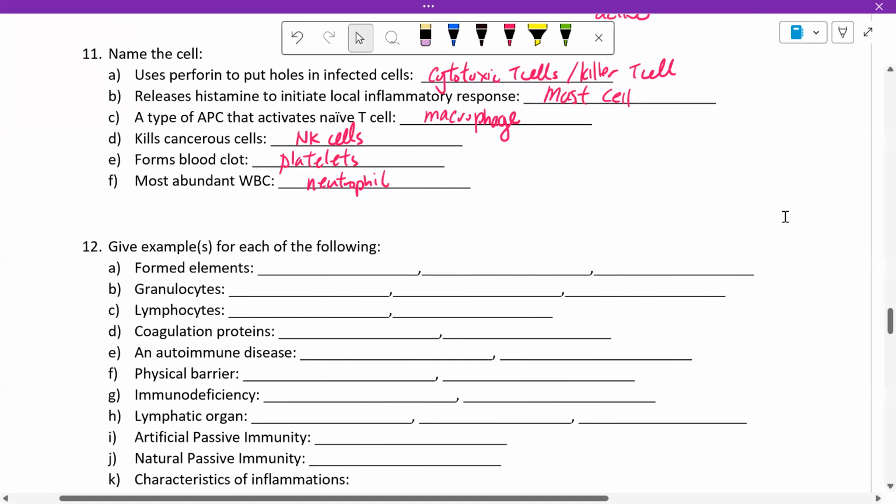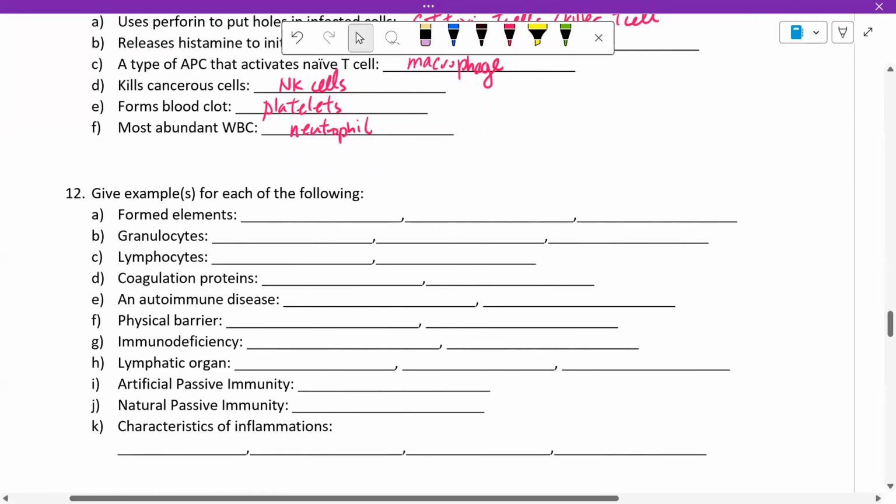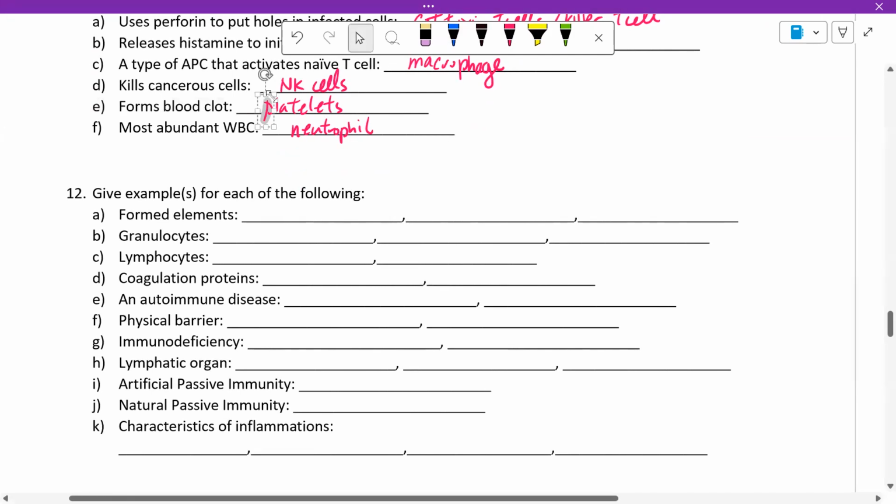Like I said, there are a lot of questions, and we have multiple people creating those questions. And that's why some of you were telling me some of the wordings is a little bit strange, okay? Because different people have different ways of asking questions, and that's why they don't all sound the same. Okay, now give examples of each of the following.